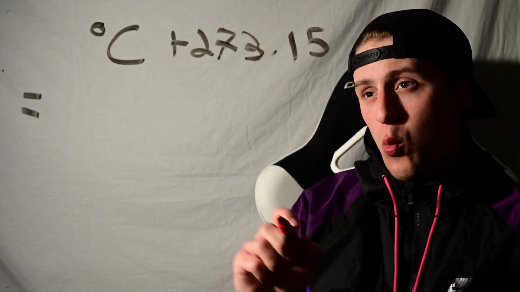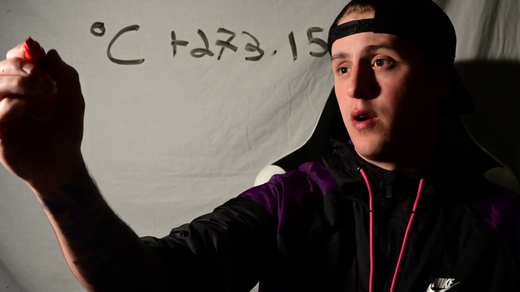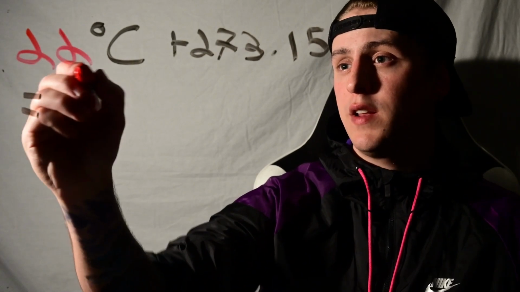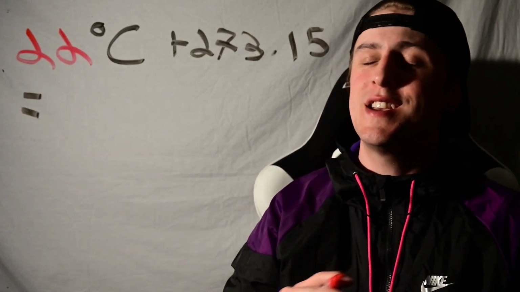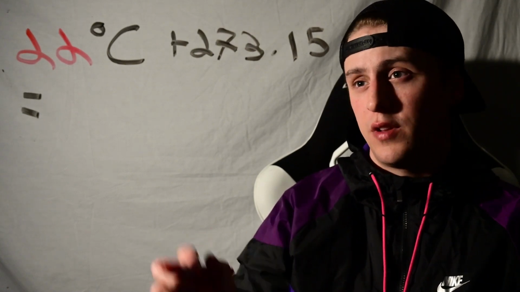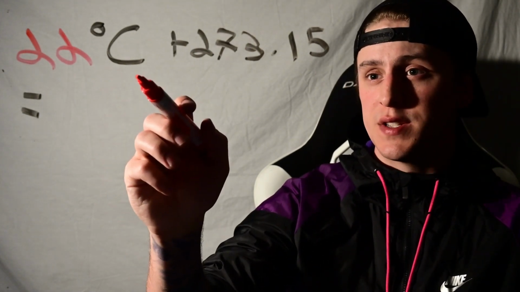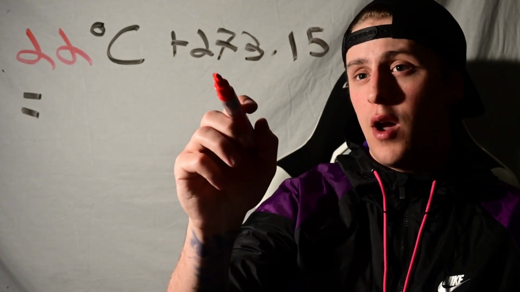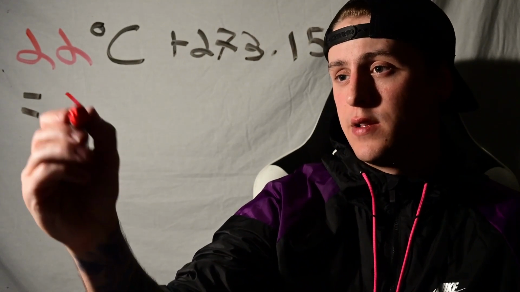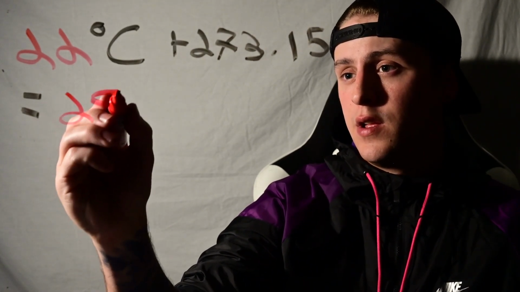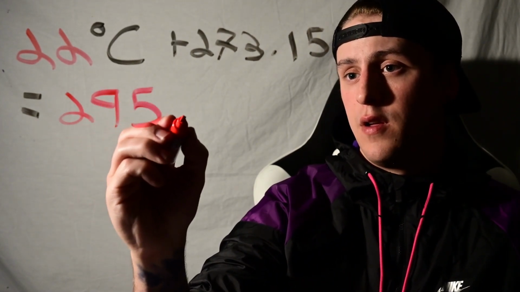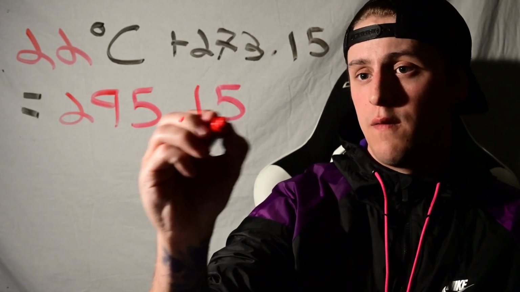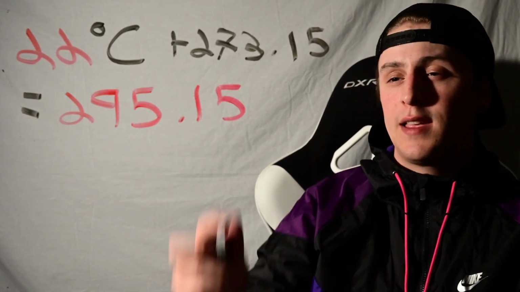So what we're going to do is take our 22 degrees Celsius that we had before, and convert it into Kelvin. This is the easiest conversion for temperature. All you're going to do is take your 22 degrees Celsius and add 273.15. So what you're going to get is 295.15 Kelvin.